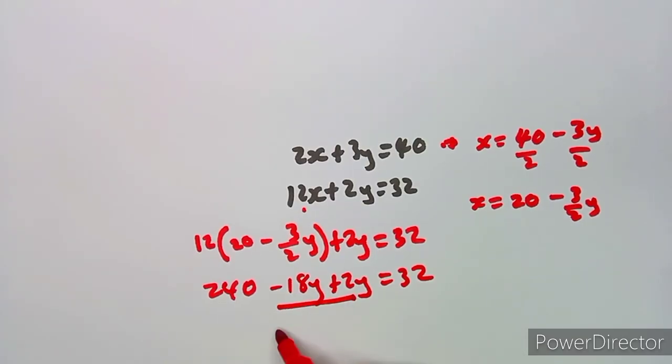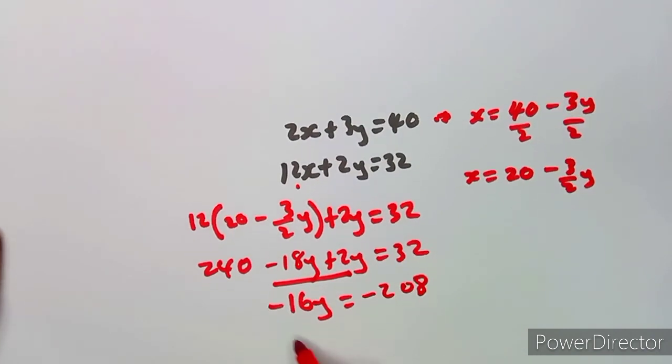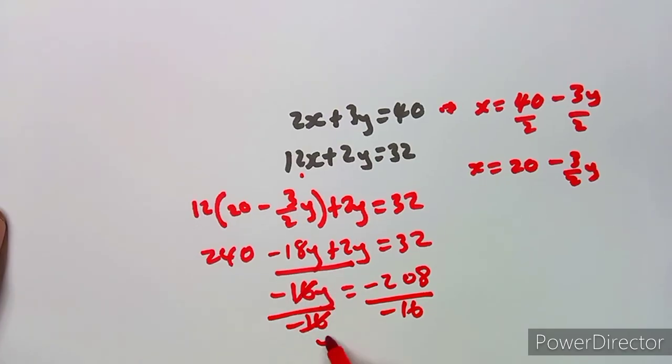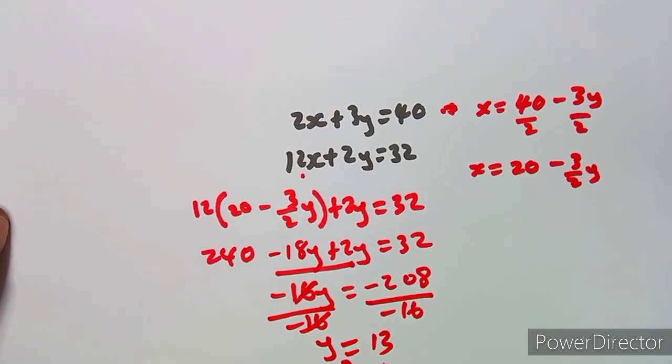Collecting like terms, we have minus 16Y is equal to 32 minus 240, which is negative 208, which we divide by negative 16, so your Y is going to be 13, just like what we had.